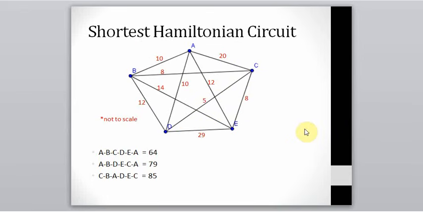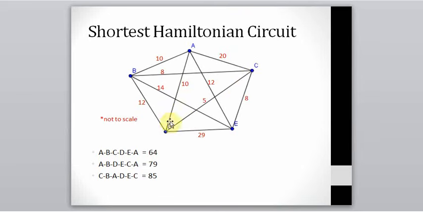If you're asked for a Hamiltonian circuit, you can easily provide one out of the figure. An example of a Hamiltonian circuit is from A to B to C to D to E back to A. If you add all those edges that you have traversed, A to B is 10, plus B to C, that's 8.